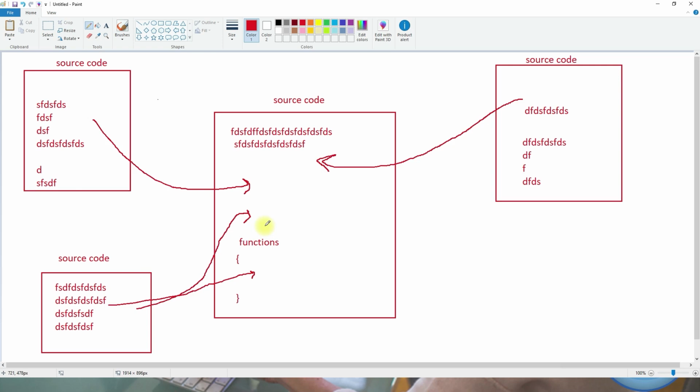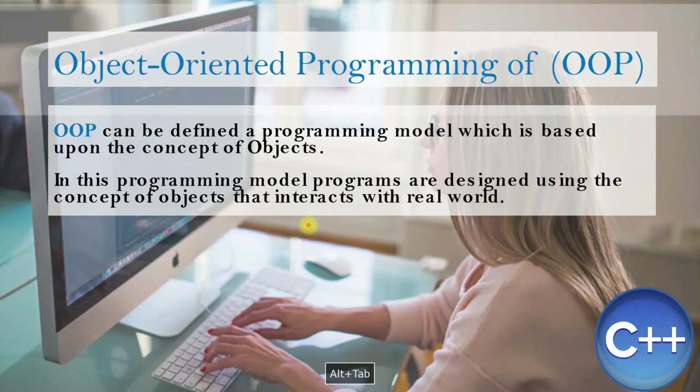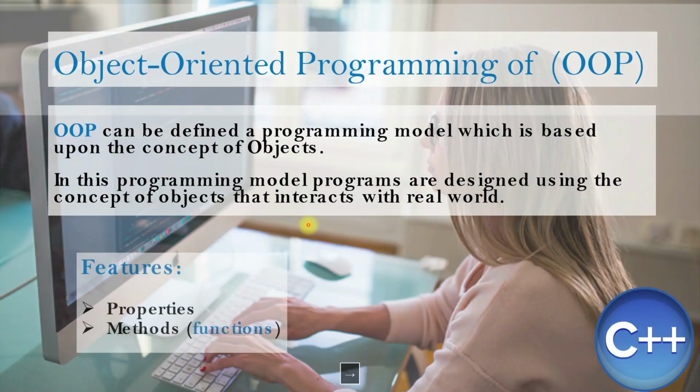The advantage of this way of programming is that you are not going to write everything by yourself. You can borrow some code from other places, from other libraries, from other source codes. Okay, this is object-oriented programming.